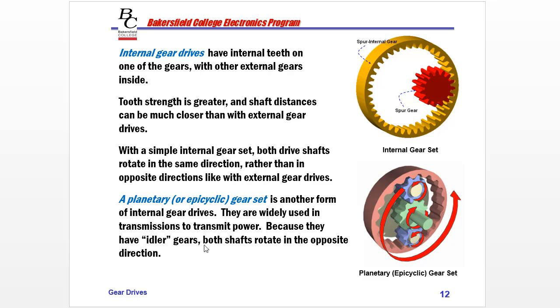Because they have the idler gears, both shafts rotate in opposite directions. You can see we have these two gears in here, and we've centered the spur gear in the center of those two gears. So you can see if our spur gear is rotating clockwise, it will rotate these idlers counterclockwise, which then rotate the external gear, or the most outside gear.